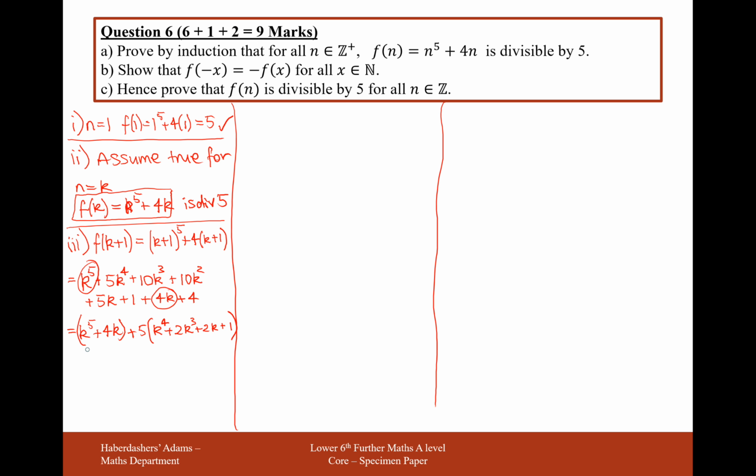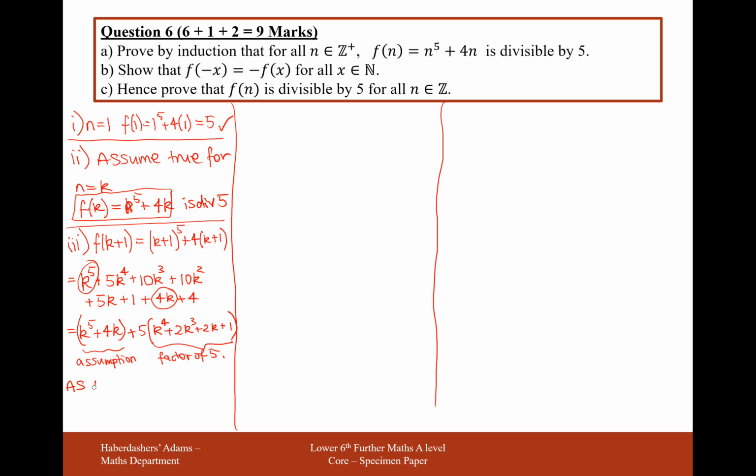Great, so what we have here is this part here is by our assumption, and then we summate this with a multiple of 5. It obviously has a factor of 5 here. So we need to just write a little conclusion here. As we have the summation of two multiples of 5, one by assumption and one by a factor of 5, the summation of these will also be a multiple of 5.